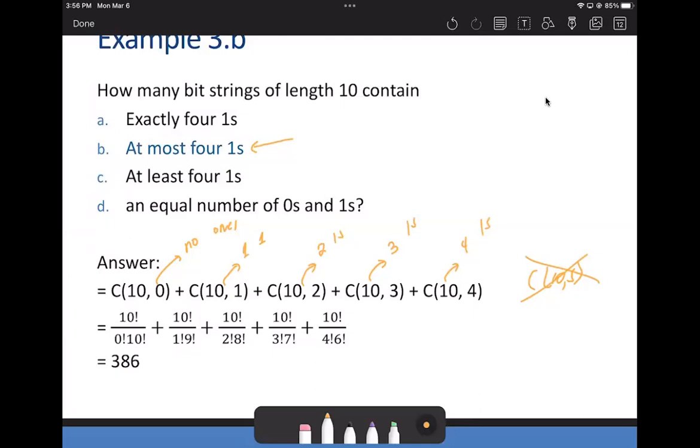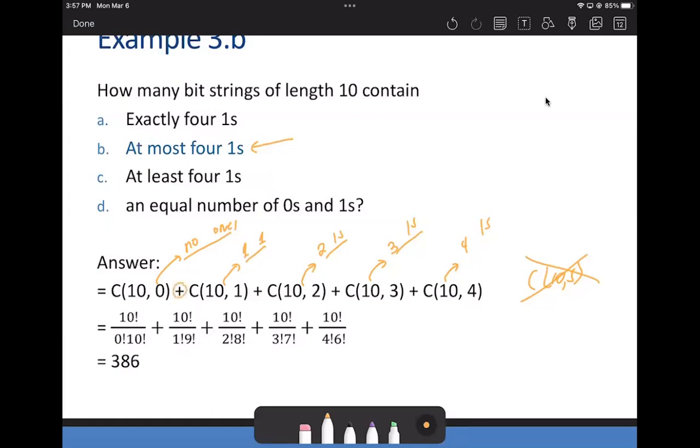Alright? So you notice here that instead of the product rule, we are using the addition rule instead. Right? Kasi this cannot happen naman eh. So these are independent. They cannot happen at the same time. Tama? So you cannot have a string that both has walang 1 at saka merong isang 1. So they are independent in nature, kumbaga.